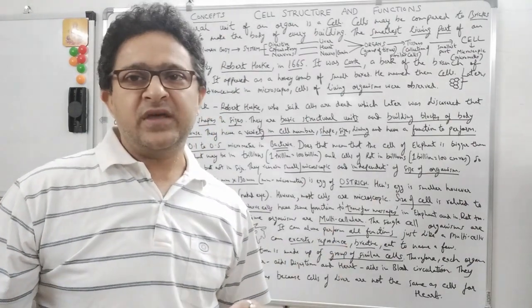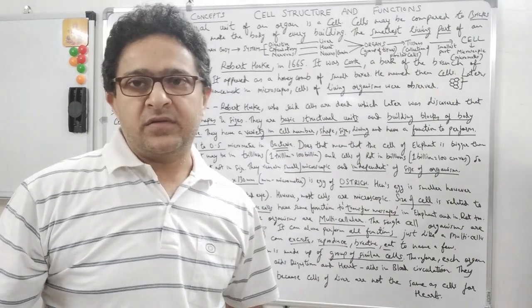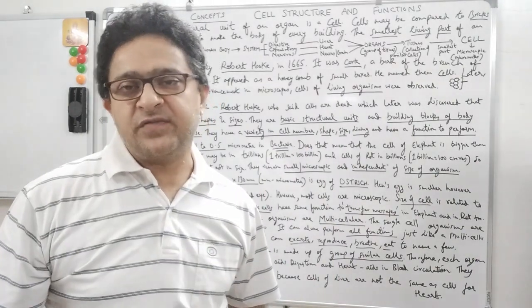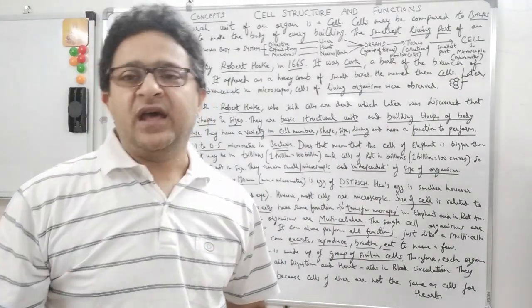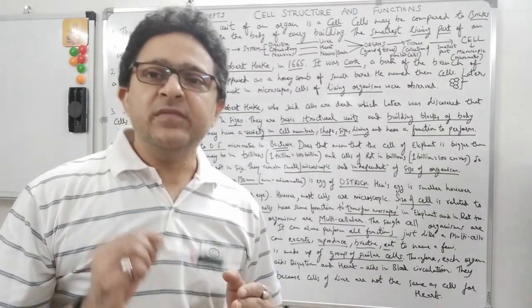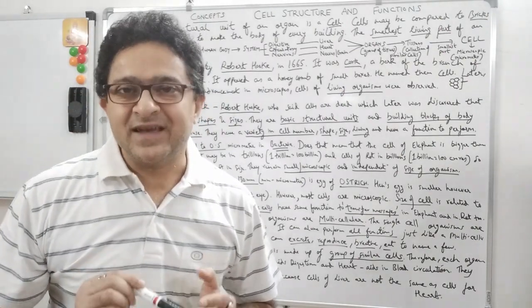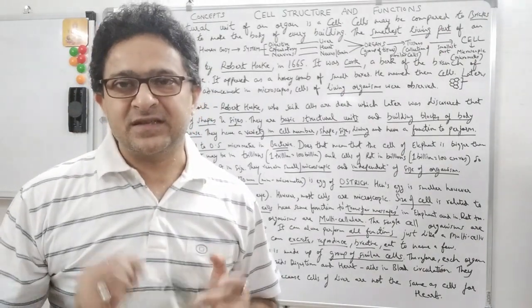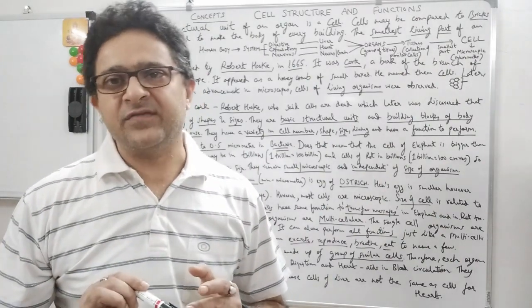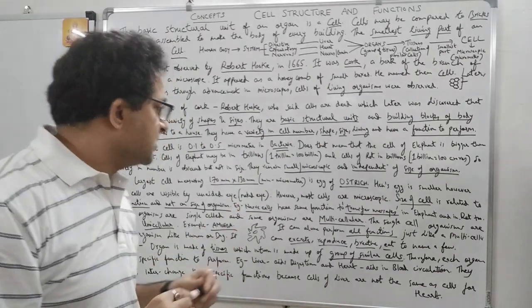They may be of different sizes, big, small, but when it comes to function, they have a similar function. Nerve cells of a rat and nerve cells of an elephant will have a similar function, to transfer messages. However, there will be a difference in the number of cells, but not in the size. The size of the cell will be the same for the elephant and for the rat.